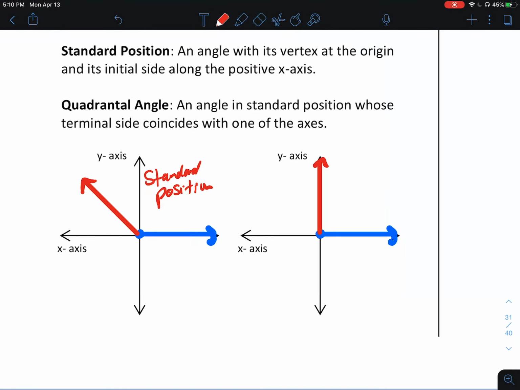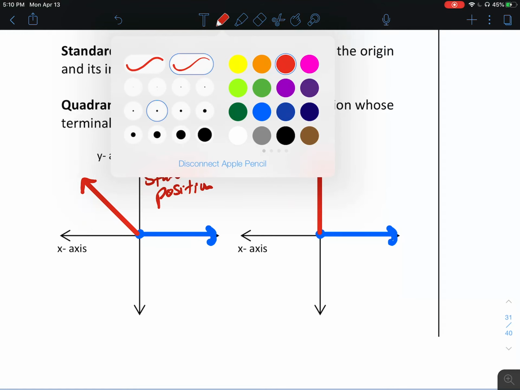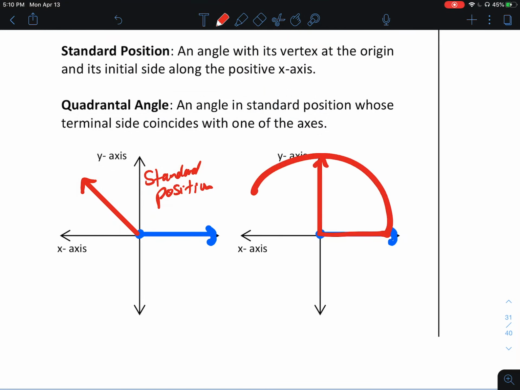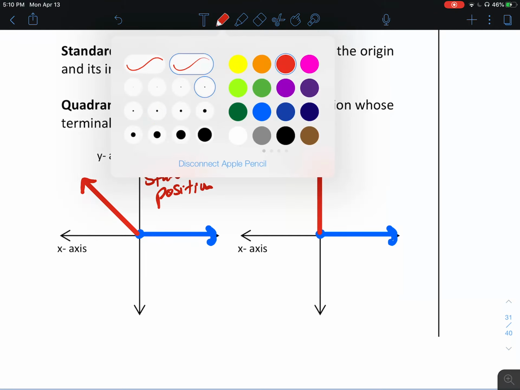It measures 90 degrees. This is a quadrantal angle. It measures 180. This is a quadrantal angle. It measures 270. It could be 0 degrees or 360. So this is a quadrantal angle.